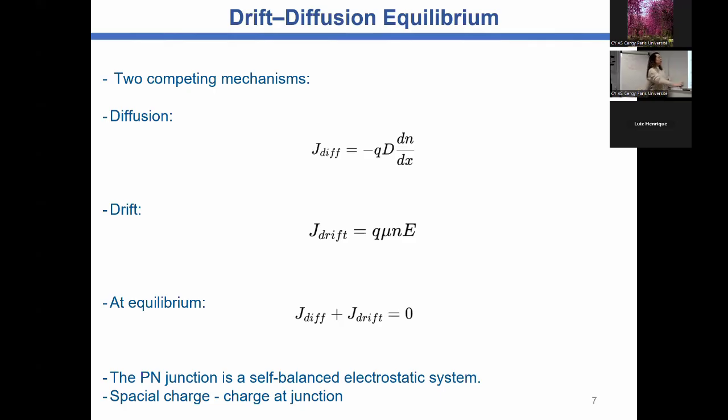So in terms of current, we can have two kinds of current created inside of the junction. We call it the diffusion current, which comes from the contact.